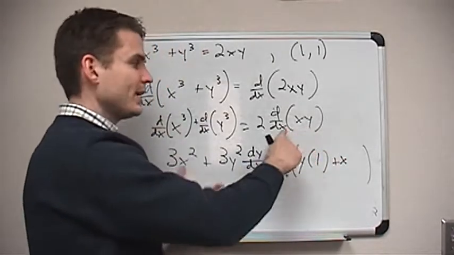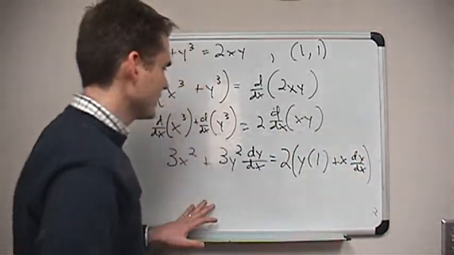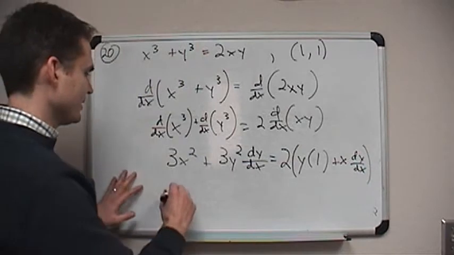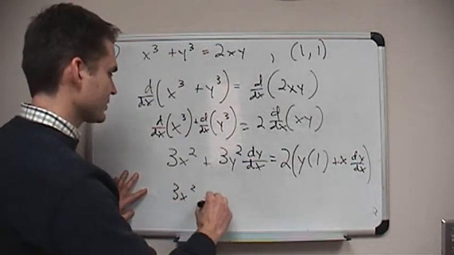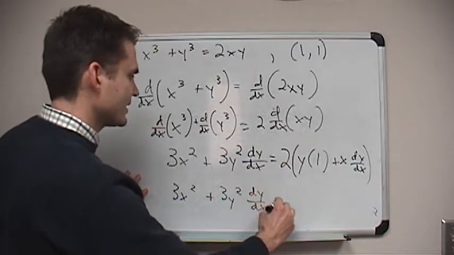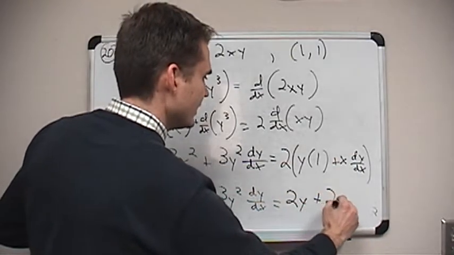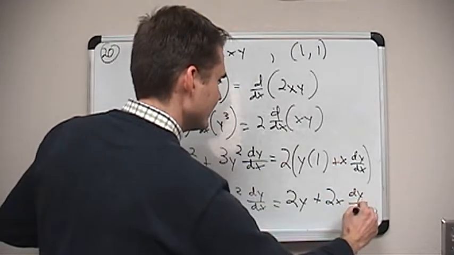The derivative of y with respect to x is just dy/dx. So if you look at what we have here, maybe I'll just write it one more time: 3x squared plus 3y squared dy/dx equals 2y plus 2x dy/dx.